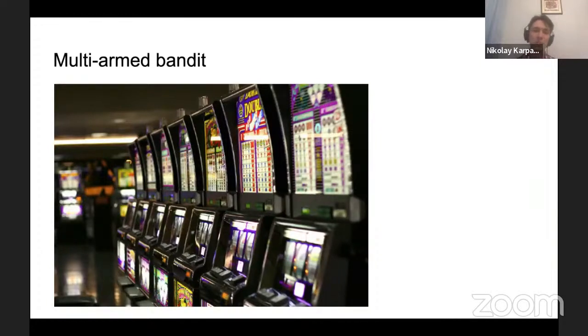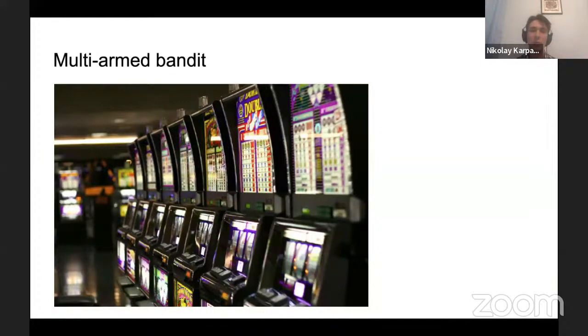Some slot machines are screwed and always output non-winning tickets, whereas others are more promising and you can actually win something from them. So when, as a user, you come to the slot machine casino, you need to pick the best machine and the best bandit, the best arm, in other words.